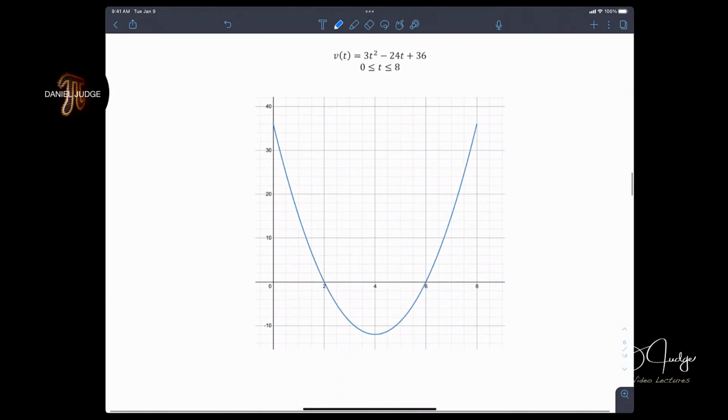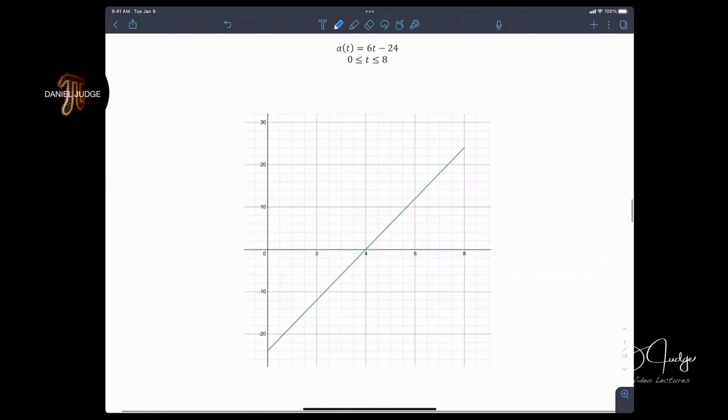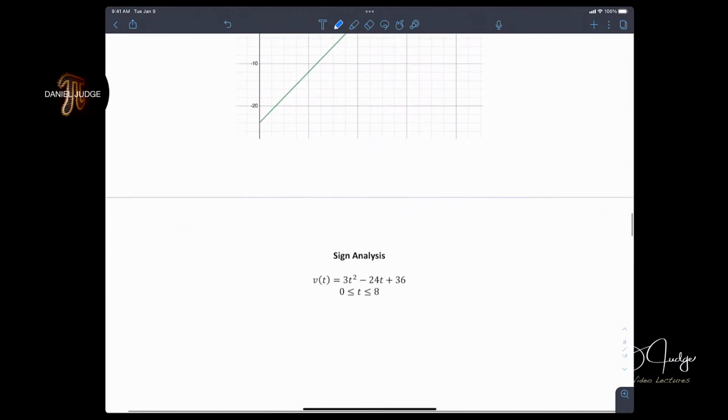Now, I'm just going to show you a picture here. We'll get back to this of the velocity function. This is what we just found. This is going to have a lot of meaning for us. The acceleration function, 6t minus 24, is going to have a lot of meaning for us as well.